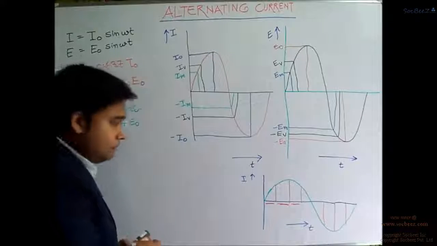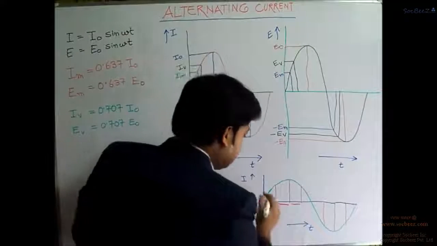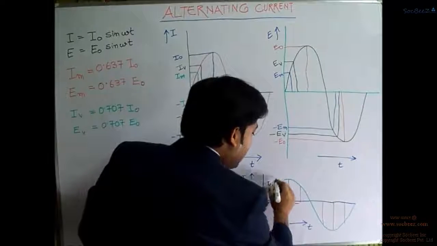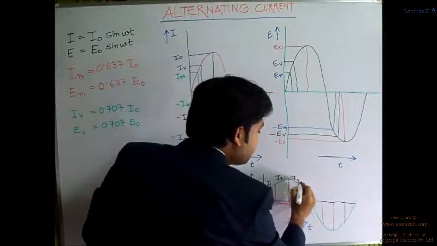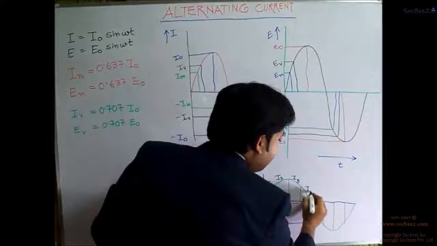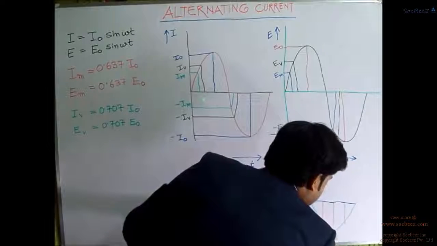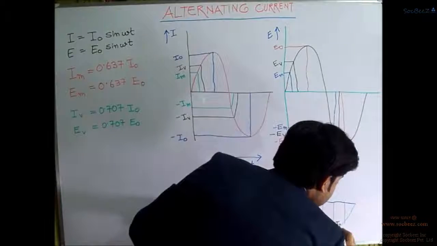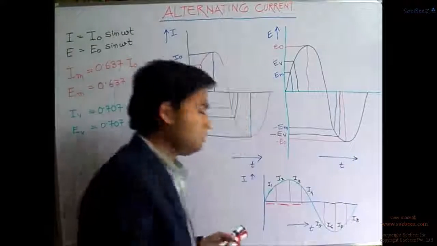So, for example, if we are getting this one as I1, this one as I2, this one as I3, this one as I4, likewise I5, then I6, I7 and I8, right?